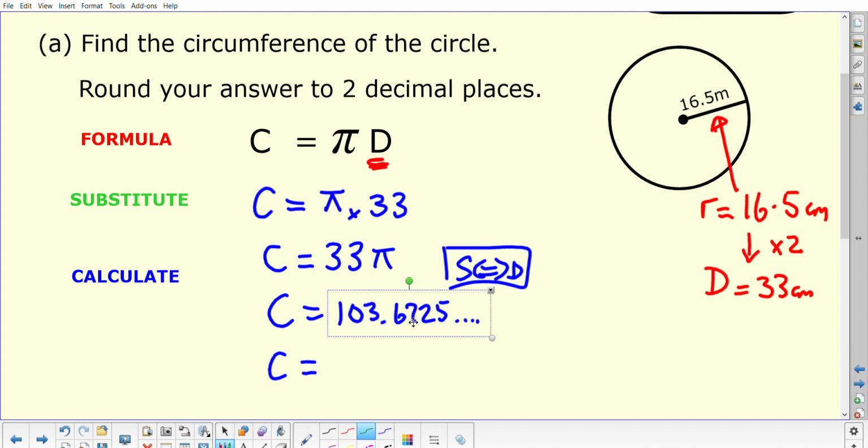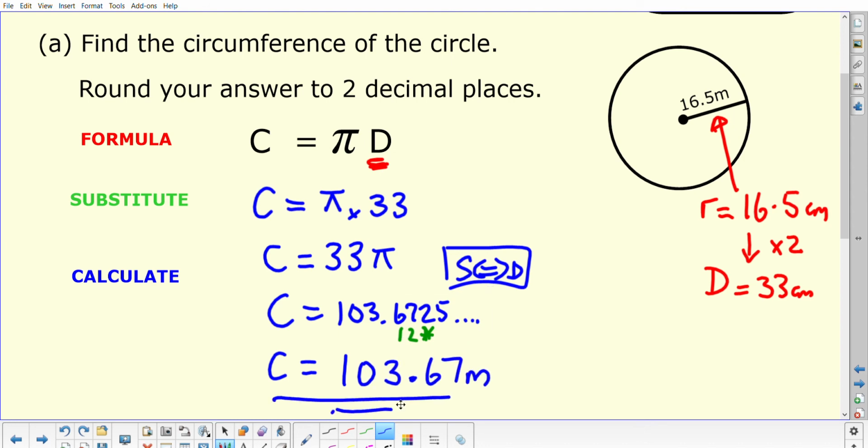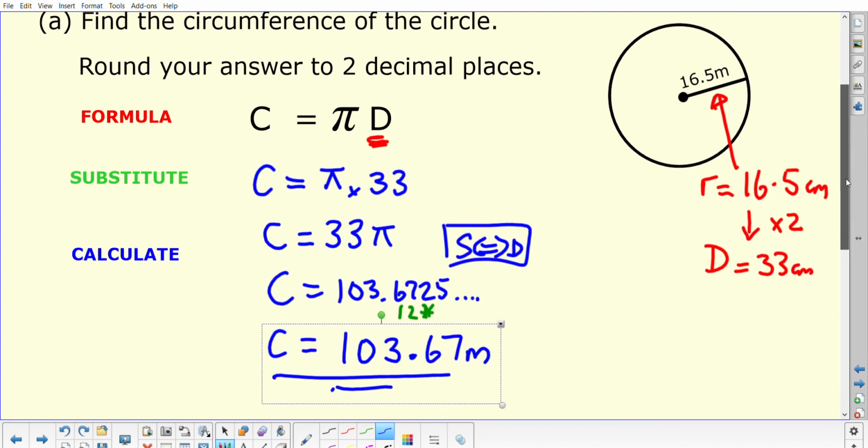So 1, 2, you're looking at that third digit, it's a 2, so it's just going to get chopped off. So your answer would be 103.67, and it's just a length, remember, not centimetres, sorry. This time our length is in metres, so we should have 103.67 metres. So again, make sure you watch the units, get the units correct.